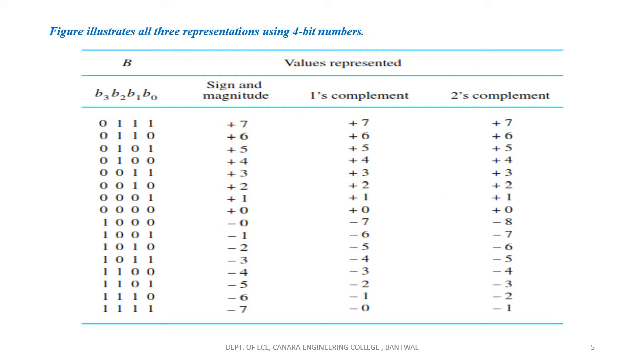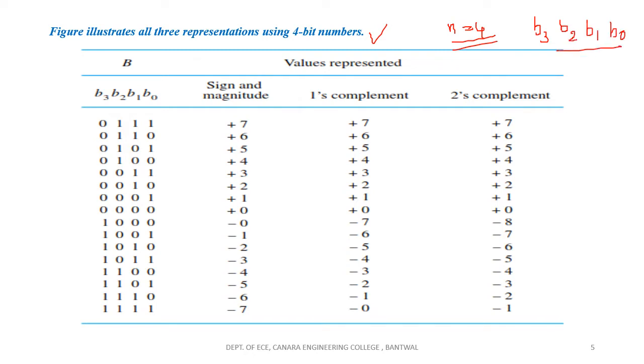Here, in this particular example, we have taken n equal to 4. Previously I said that we had taken the example with n equal to 3. Now the bits are b3, b2, b1 and b0.